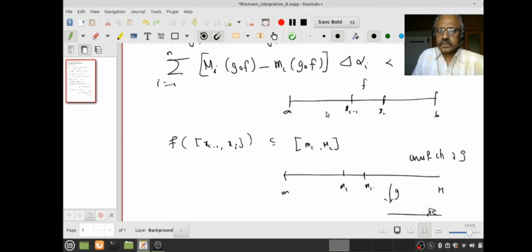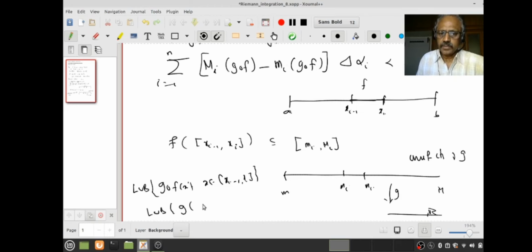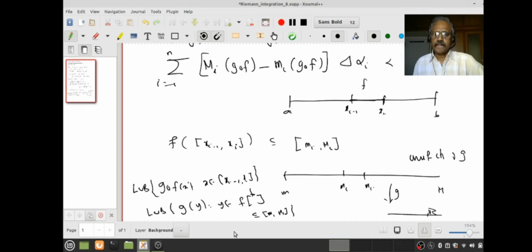Remember capital Mi of g composite f: this means take g composite f of x and take its supremum, where x varies over [x_{i-1}, x_i]. That means the supremum of g of y, where y belongs to f of this interval, which in turn is contained in [mi, Mi]. You understand this?